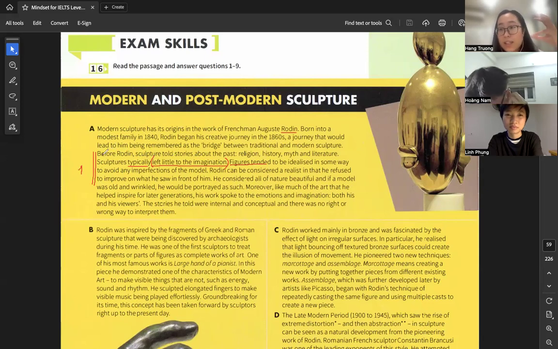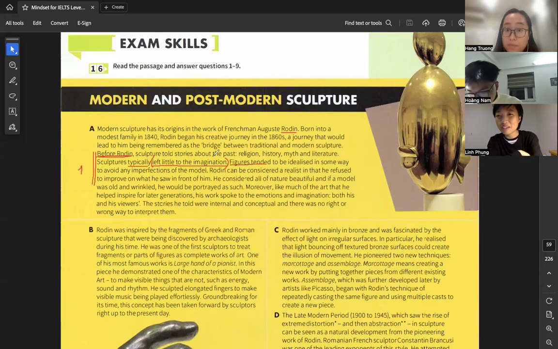So this is like the benchmark, or what's the word for it? Đây là cái mốc mà chúng ta sẽ xác định được, bởi vì trong câu hỏi thì keyword của chúng ta cũng là before Rodin, right? So we start focusing more on this part.